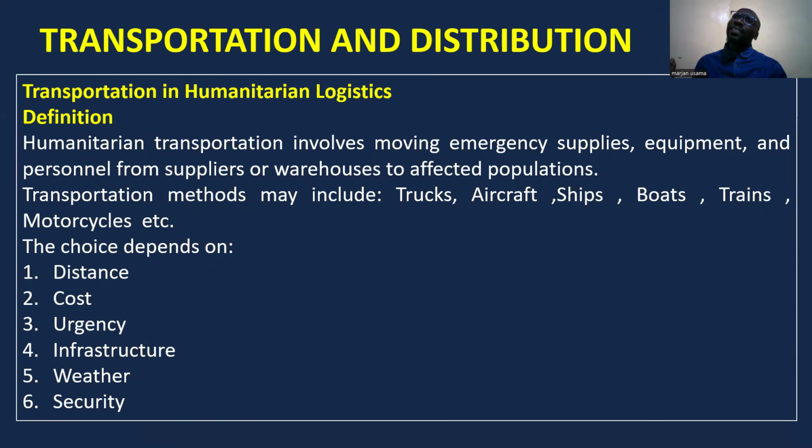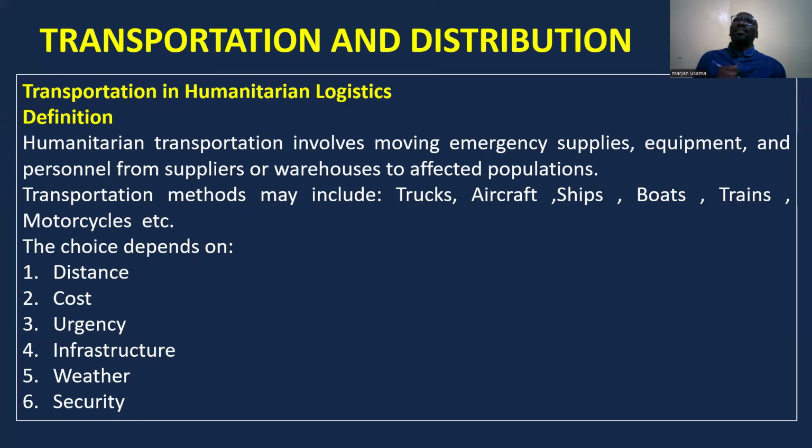If the distance is long, then maybe you need an aircraft. But if the distance is short, then maybe you can use a motorcycle or a car. Costs: you have to know what the cost of the transportation is, and do you have the budget?